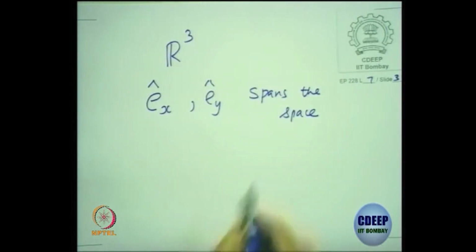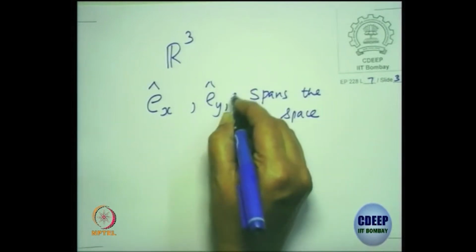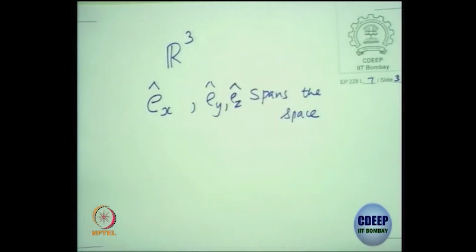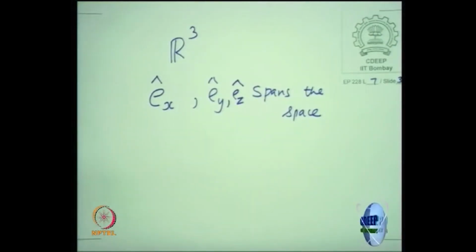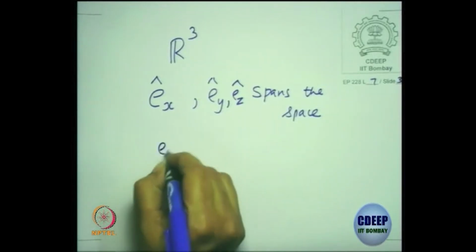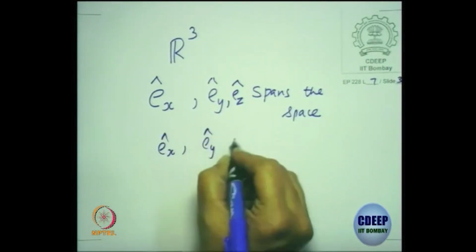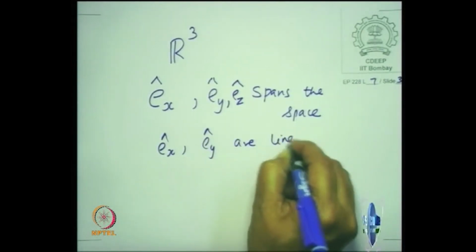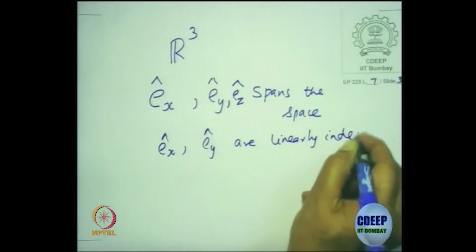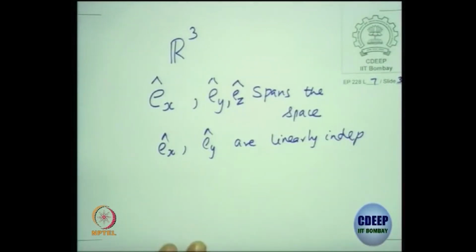No. So you need to add Ez, which spans the space, and you cannot say Ex and Ey alone are spanning the space. You could say Ex and Ey are linearly independent, and to span the space which is R3, you need 3 of them.